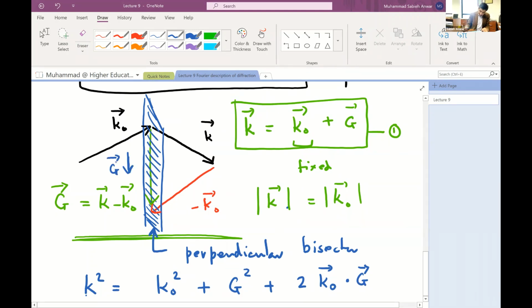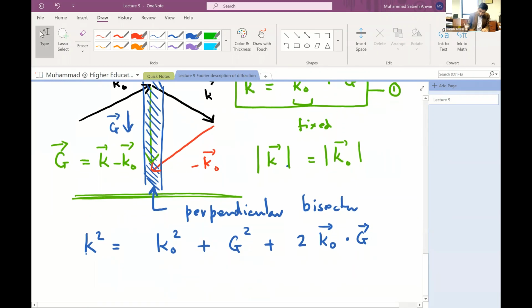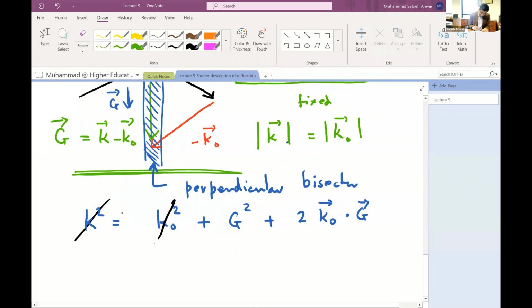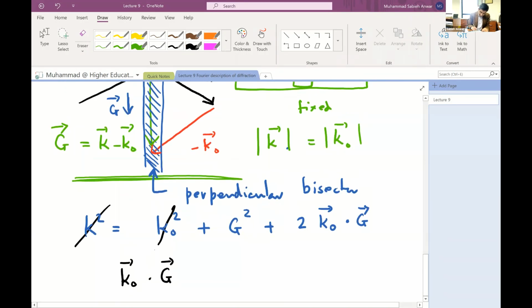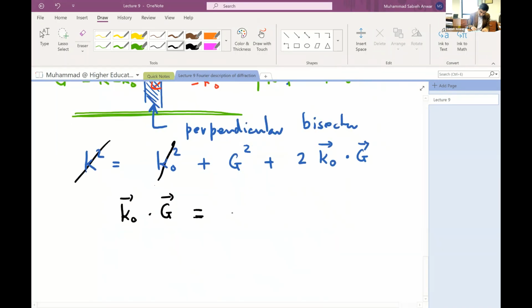So if I were to look at the equation that I've written in blue here at the bottom, K squared is equal to K naught squared. So this would result in K naught dot product with G, which is the projection of K naught on G. This must equal minus 1/2 of G squared.